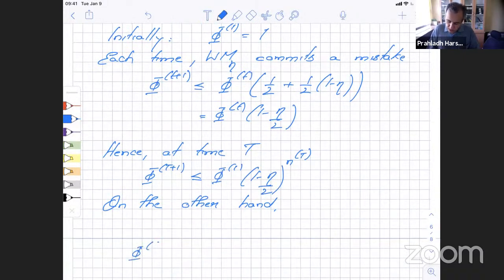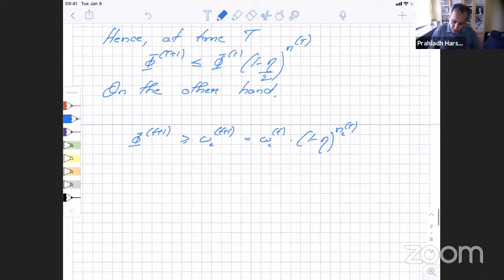On the other hand, phi t plus 1 is greater than or equal to wit t plus 1, which is exactly wit into 1 minus eta to the power ni of t. So you do the same thing again.